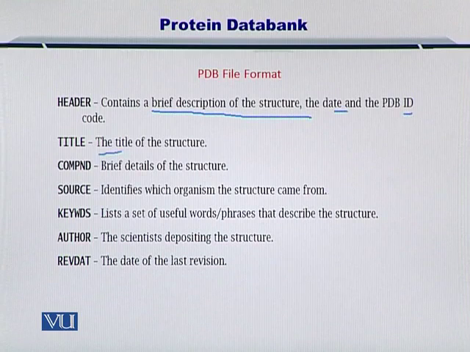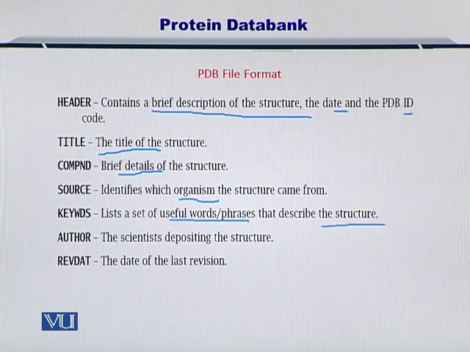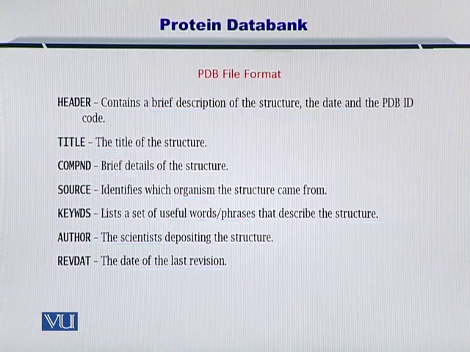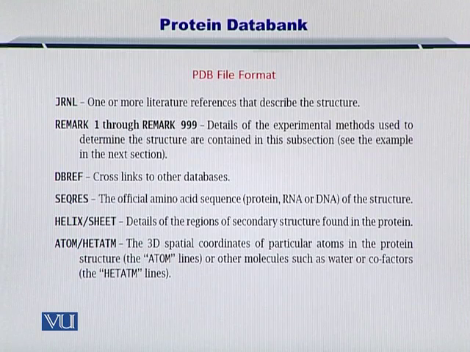You can also give it a structure title, and you can talk about the details of the structure as well as the organism from where this structure came, and some useful phrases that describe the structure. You can also deposit your name if you have run the experiment and determined the structure, as well as the last date of revision.